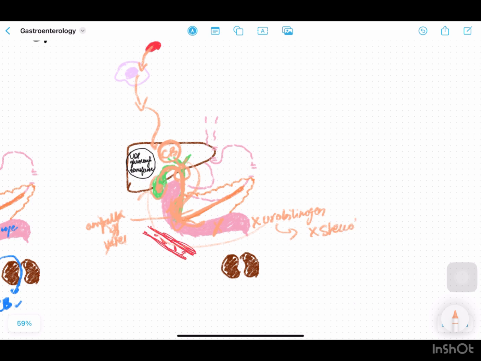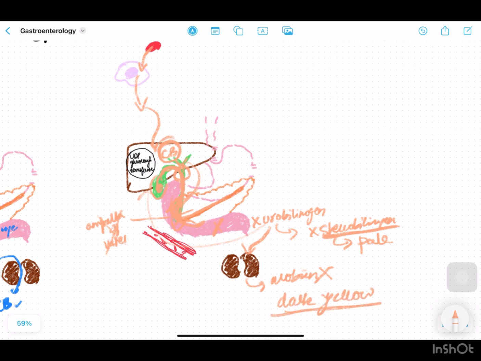There is no stercobilinogen formed. So will our feces be the characteristic brown color? No, they're going to be pale because the pigment that imparts the brown color is not going to be there. Next, will there be urobilin in the urine? No. But the urine is still going to be dark. Can you guess why?